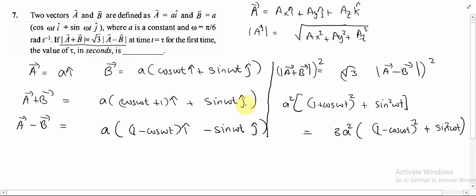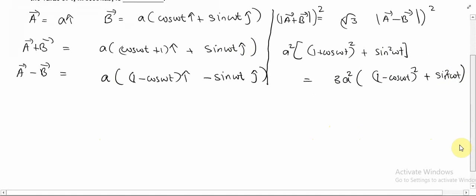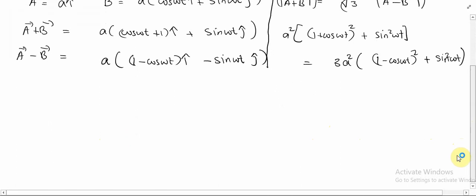Okay, so we get the equation like this. Now we simply have to solve this equation to get our answer.